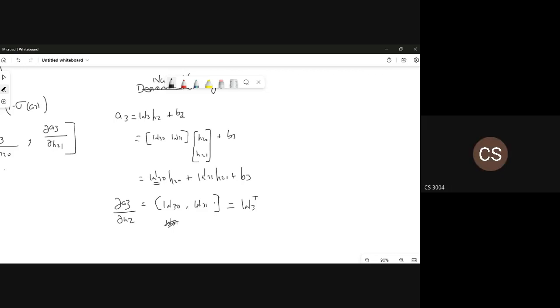Once I illustrate that, you might get it, because next time I have to take the derivative with respect to a vector. Here it's a scalar. So exploring vector with respect to vector will clarify everything. Now we follow the denominator layout, so we have W3 transpose. Let's stick to that.